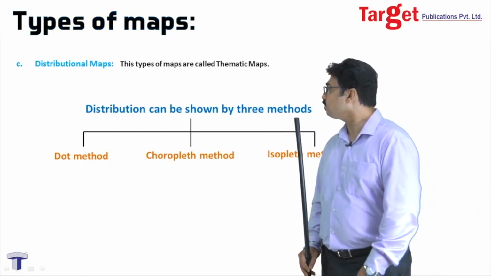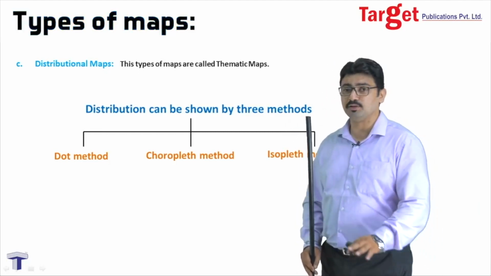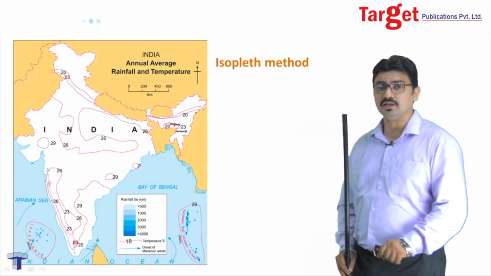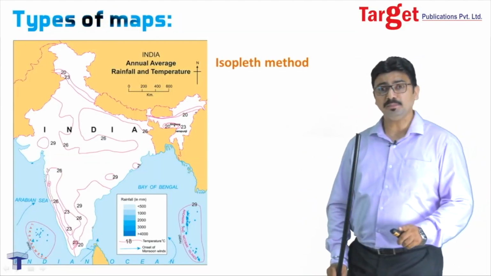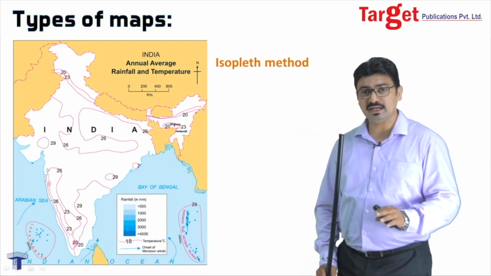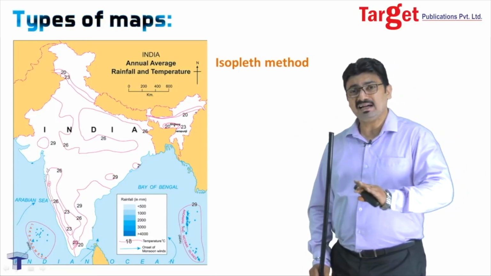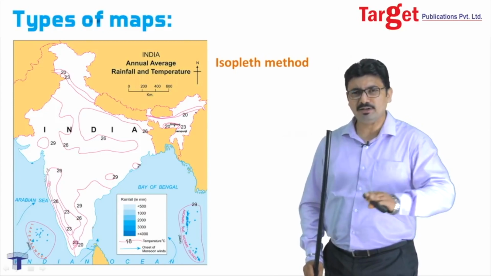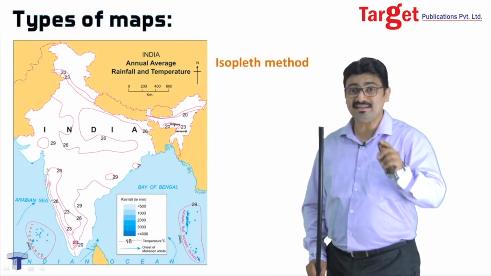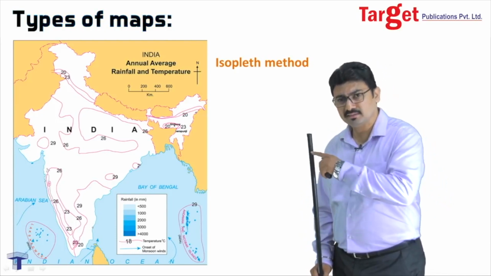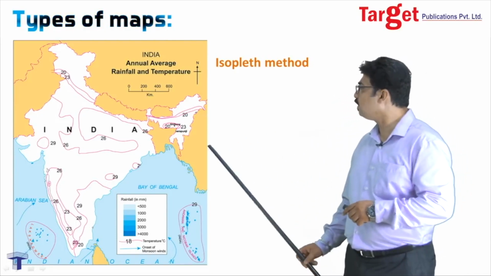Going ahead, the last but absolutely important method of showing distribution in a map is the isopleth method. What the isopleth method does is it connects same values of a particular feature in a given map with a line. Let us clear this concept with the example over here.